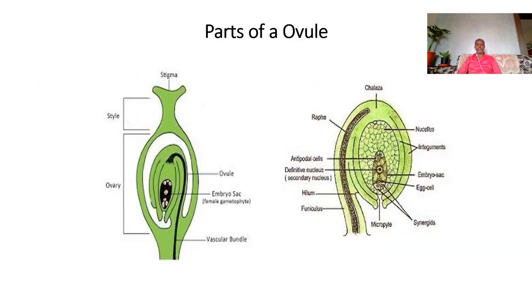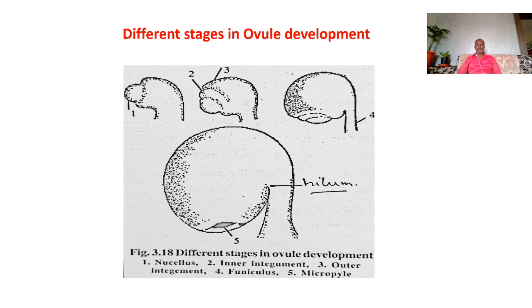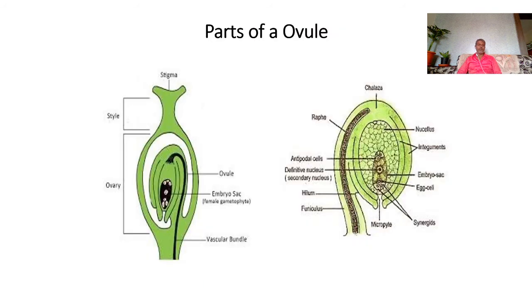Okay, so we have seen the development of the ovule, how they develop. Due to the periclinal divisions in the cells below the outer layer of the placenta. We already said that they arise from placenta. Here, this is the placenta.